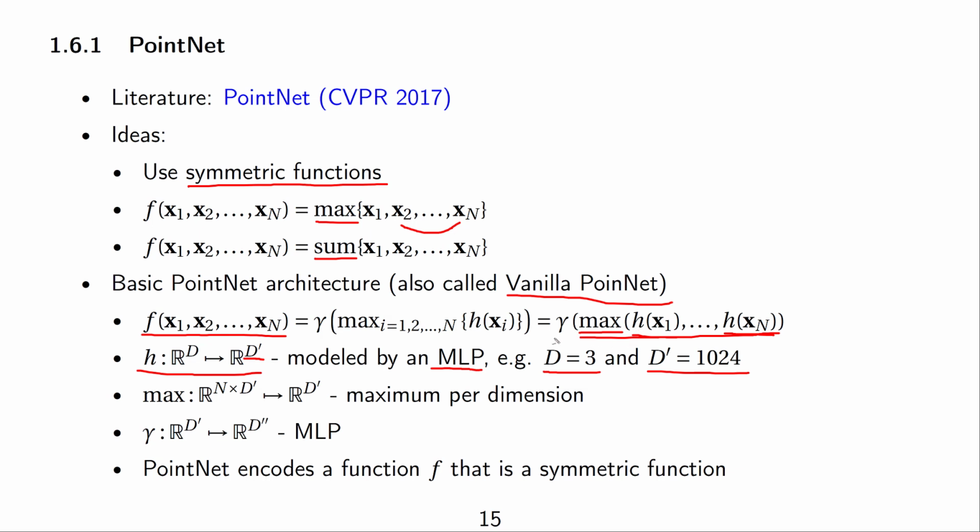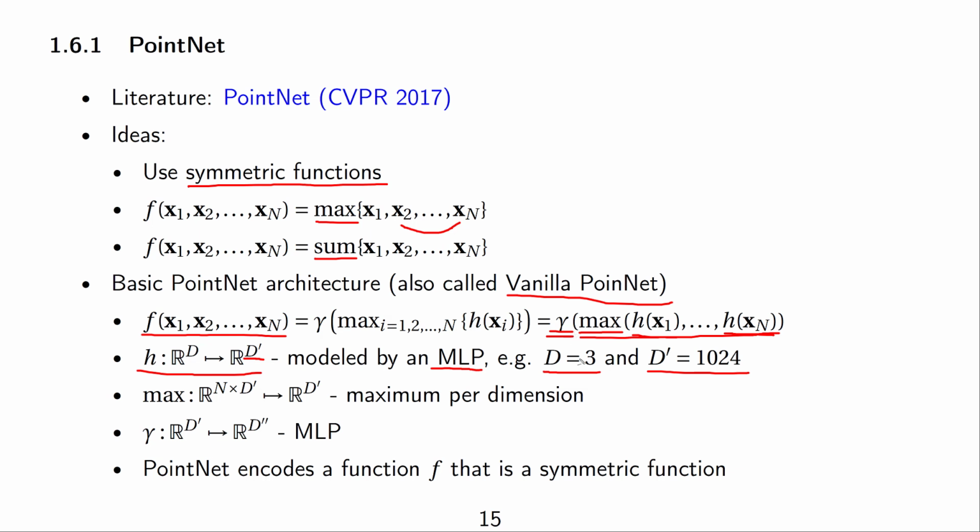Then there is some post-processing that is conducted by the function gamma. The function gamma operates on this one feature vector that basically describes the whole point set now. So what can we do to process a 1024 dimensional vector?